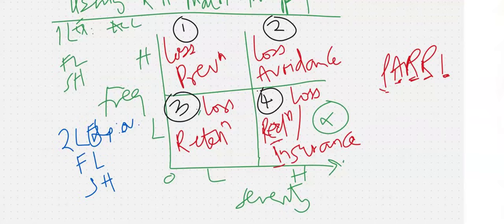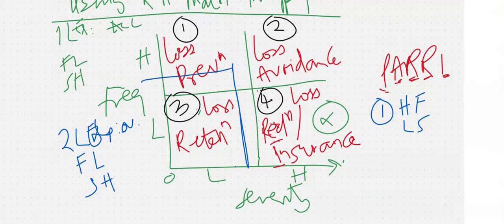So just check the quadrant. Okay, let me write it. Quadrant 1, you have high frequency and low severity. Quadrant 2, we have high frequency versus high severity.